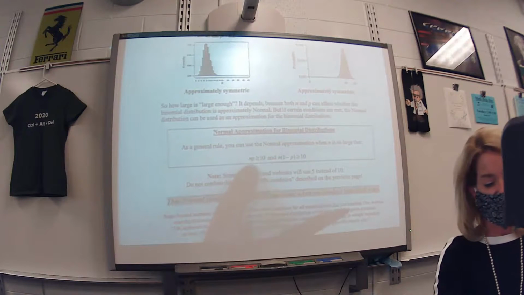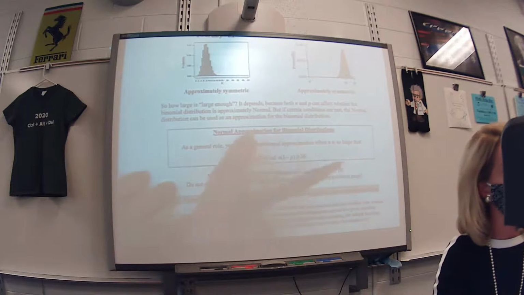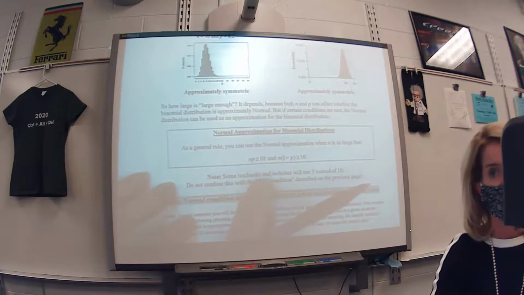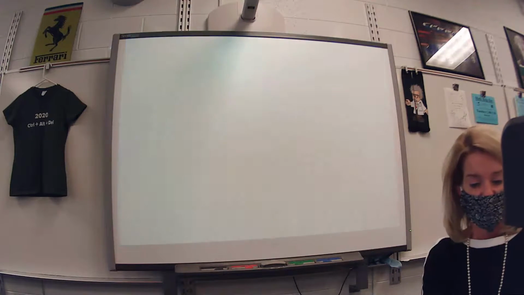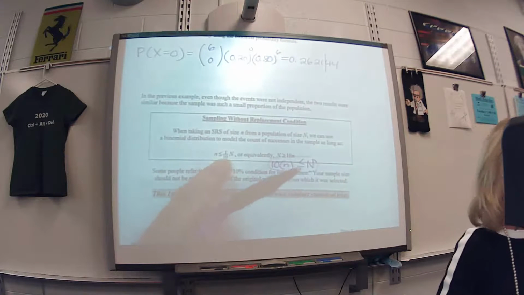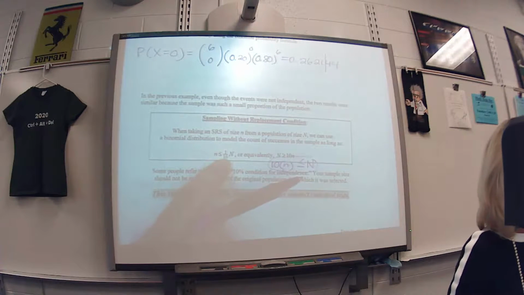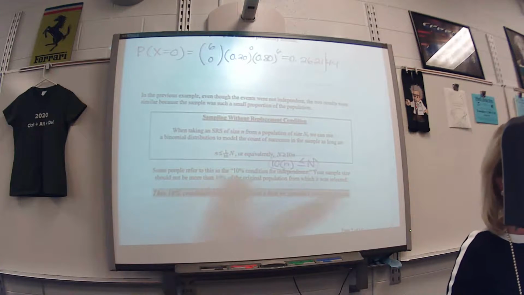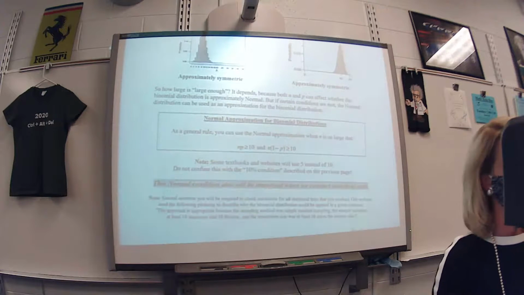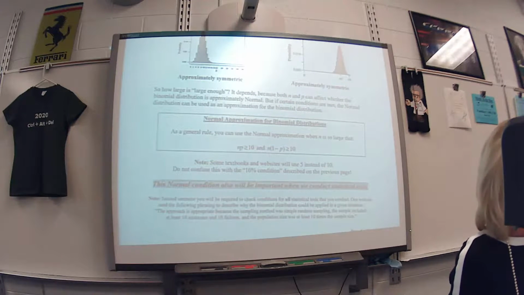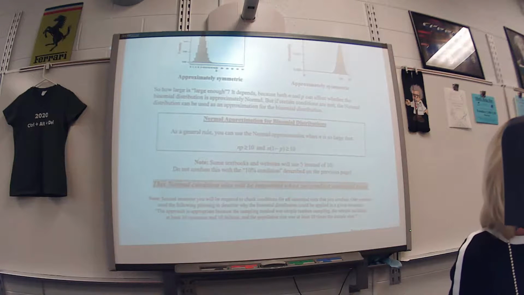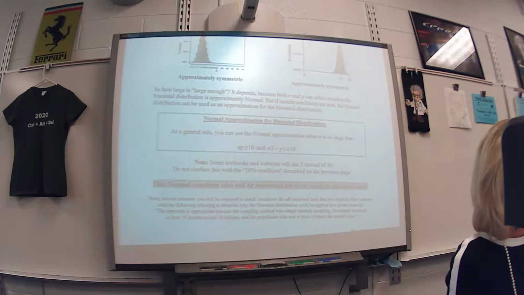If you apply this and tell me that you're checking for independence and you use this formula, you get marked down. If you do this and you tell me you're checking the normal condition, you get marked down. This checks for independence. This checks for approximate normality. You need to know that. It is going to become important from now until the end of this class. Okay?